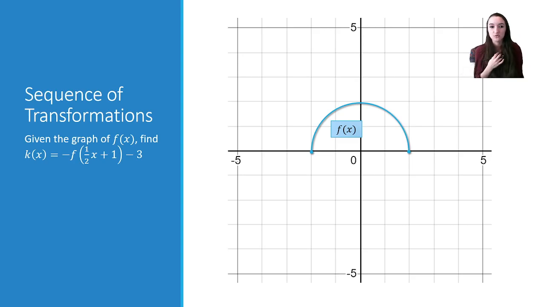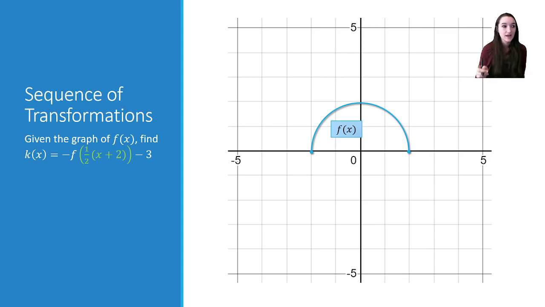That's just my personal preference, so that's where I'm going to start. But it means I have to start by factoring out this number. So I'm going to rewrite the inside of f as 1/2 times x plus 2. That's what it looks like when I factor out 1/2.